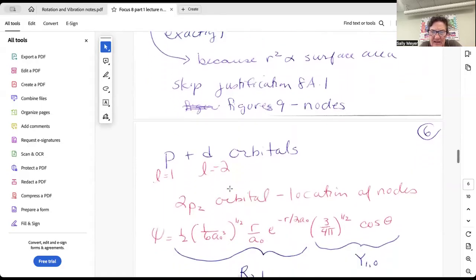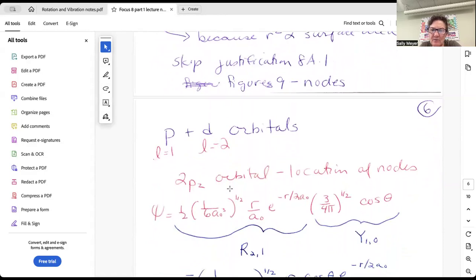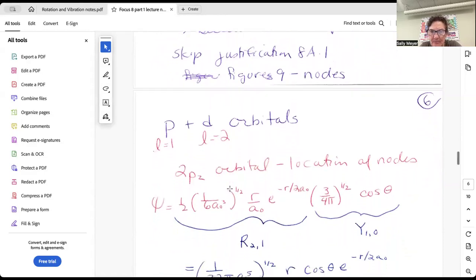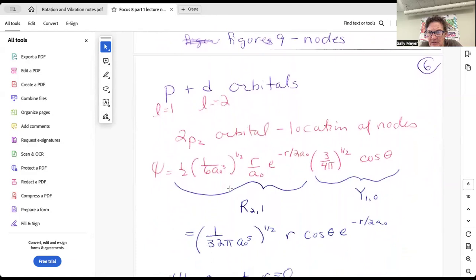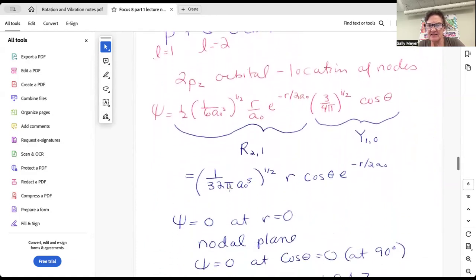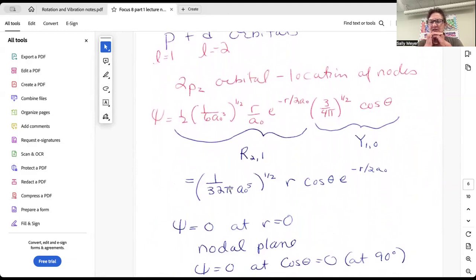Okay, so p and d orbitals. So for p, L equals 1, for d, L equals 2. The 2pz orbital, the locations of the nodes, this is just looking at the equation. So if we want to know where the nodes are, if we look at the function itself, we know that psi is going to equal 0 at r equals 0, but that's not a node because it didn't pass through 0.